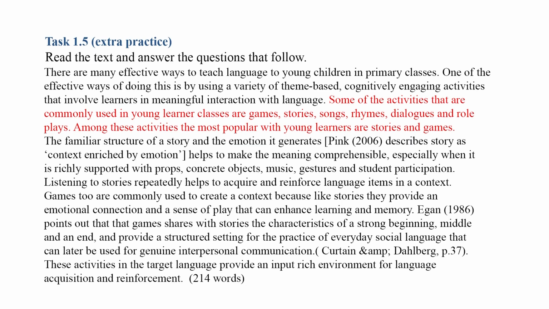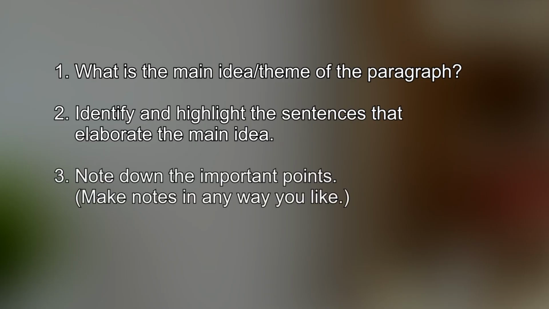It talks about how games can promote interaction and listening to stories can help to reinforce language acquisition among learners. Now, when you read such a text, I think it's important to note down the main points.